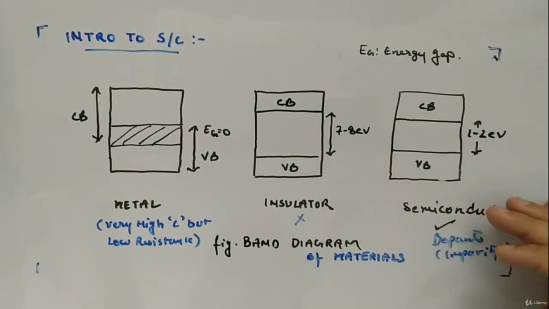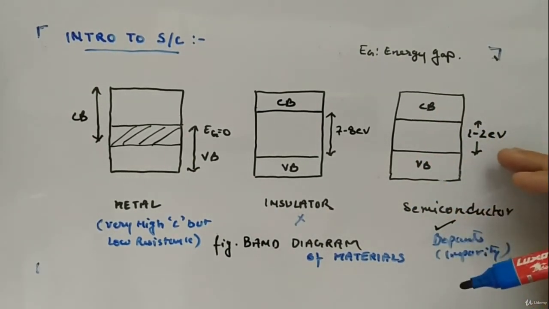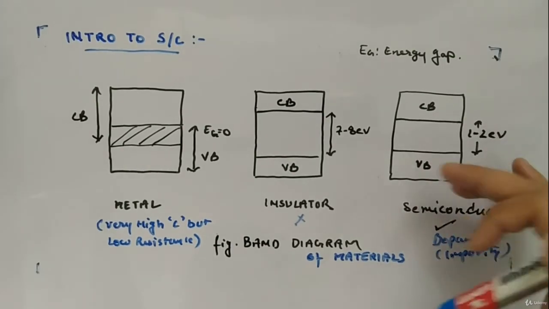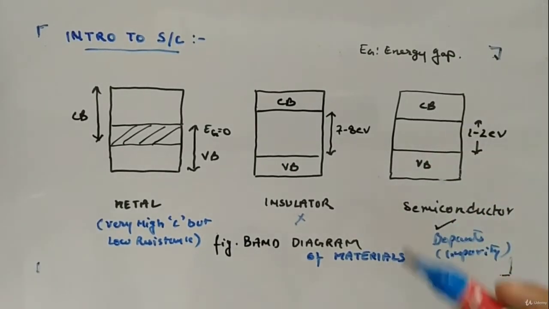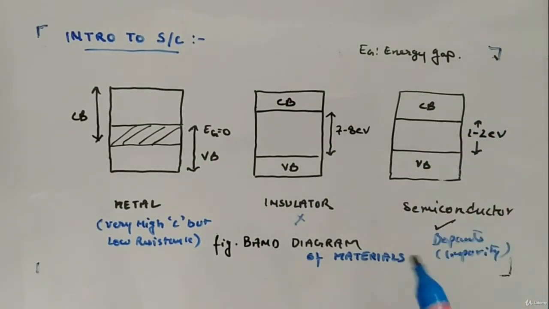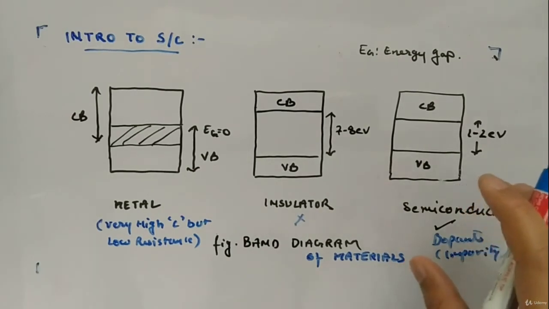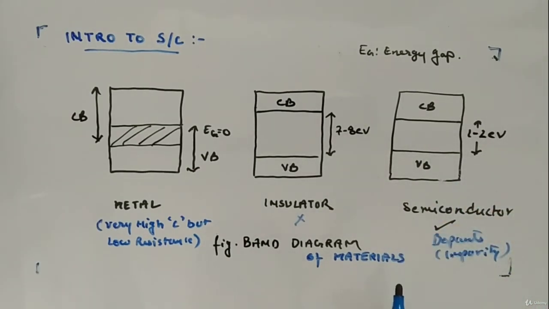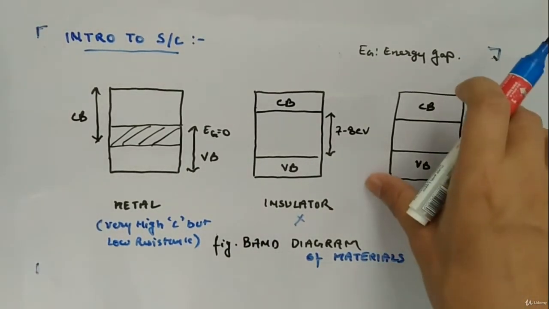That's the reason we are preferring semiconductors. One, it has a very small energy gap between the valence and conduction band, so that we can easily get free electrons and holes. Plus you can also put impurities in it so that its conductivity can be changed. That's the reason we go for semiconductors.